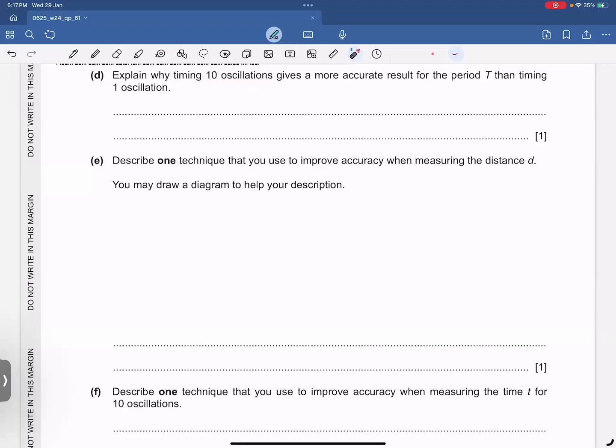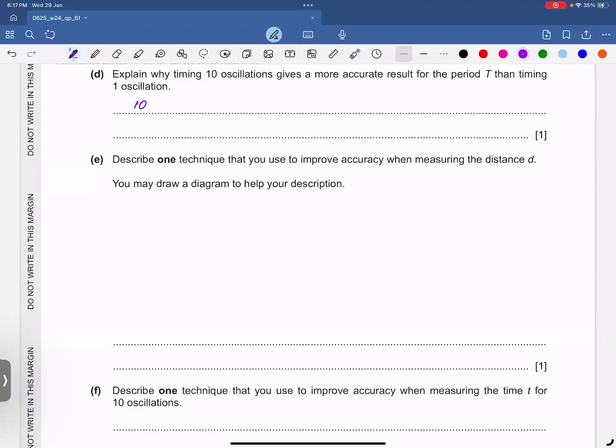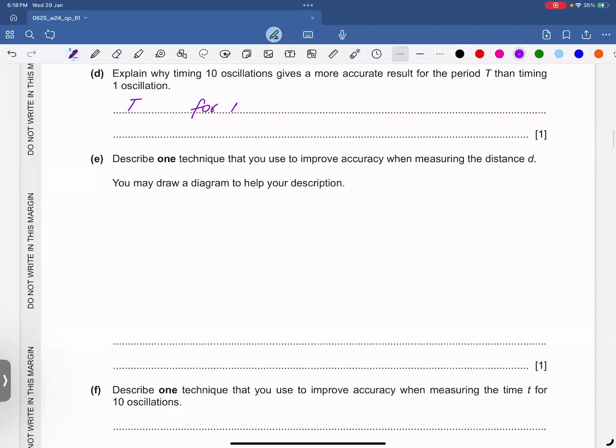So you can say, timing for 10 oscillations reduces the percentage error.